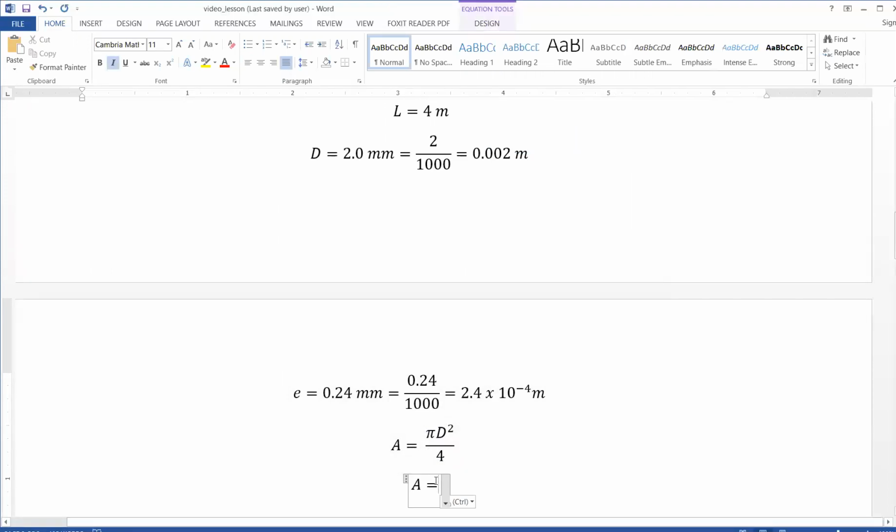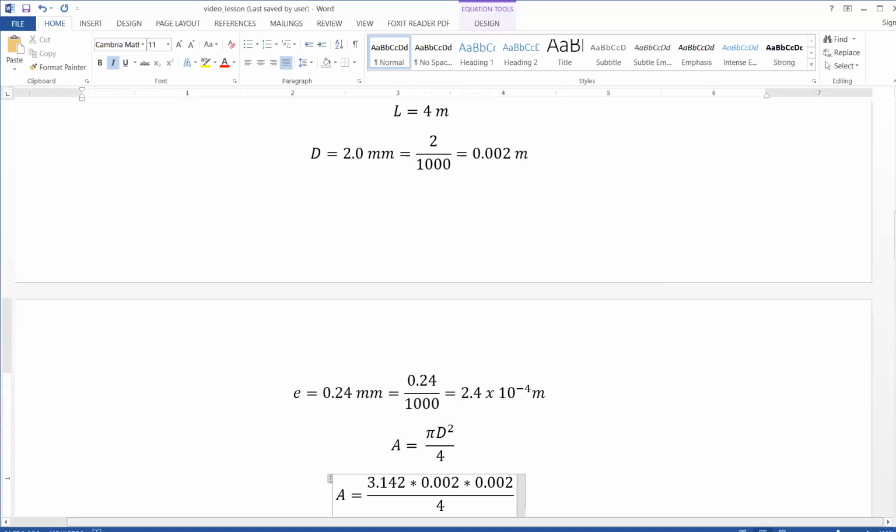So with this, you can have your pi as 3.142 multiplied by the diameter, which is 0.002. Then you remember to square that, or you multiply by itself, 0.002. That takes care of the square. Then divide this by 4.